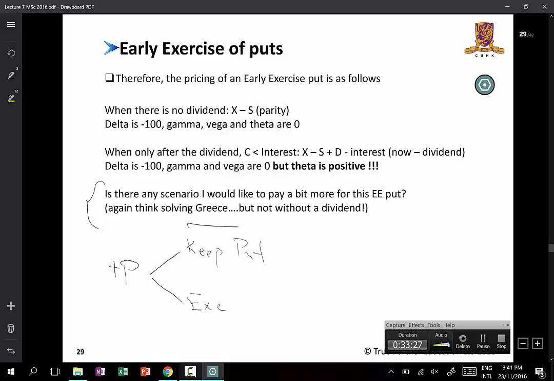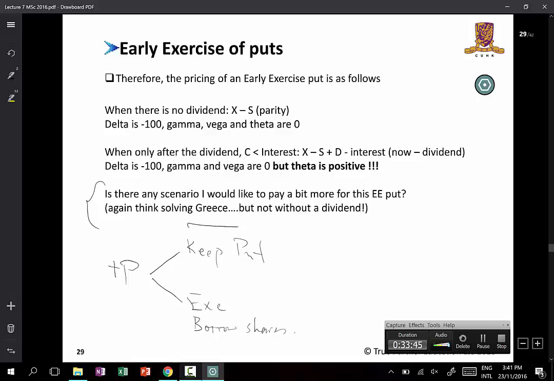Now, when you exercise, you're going to have to deliver shares to someone. So instead of borrowing cash to buy shares, you need to borrow shares. So you have created a short position.